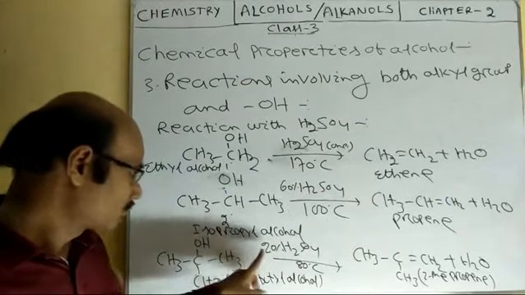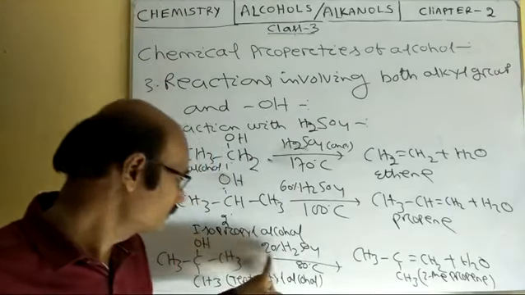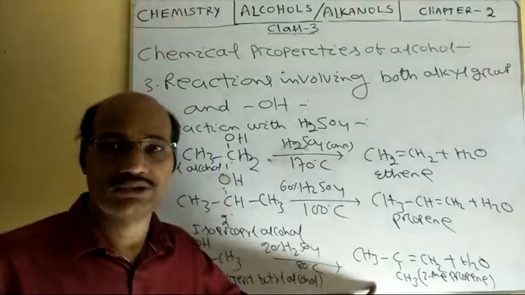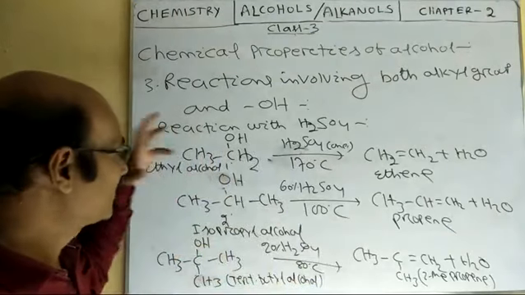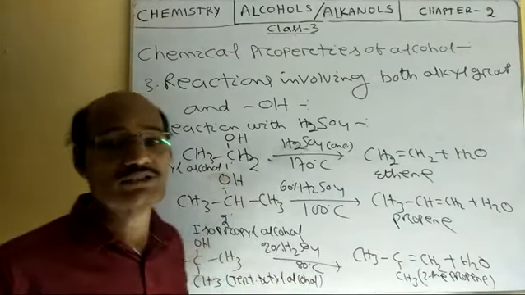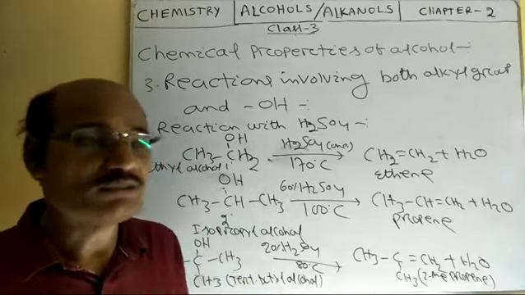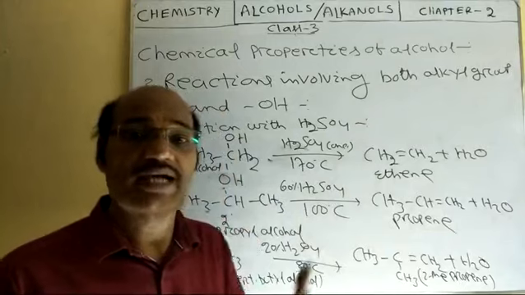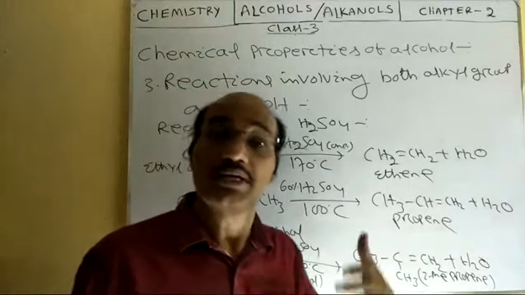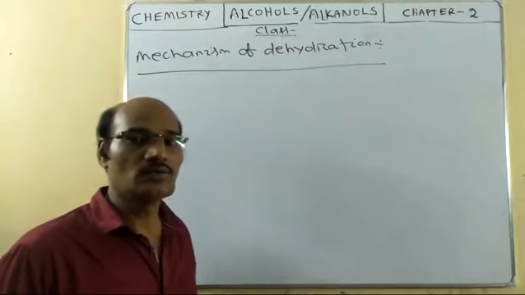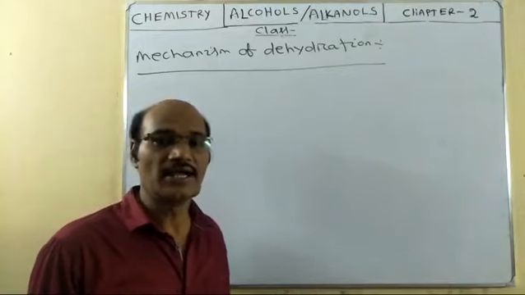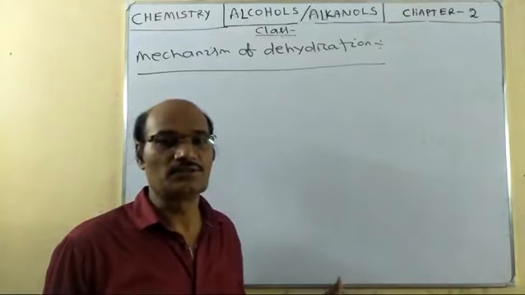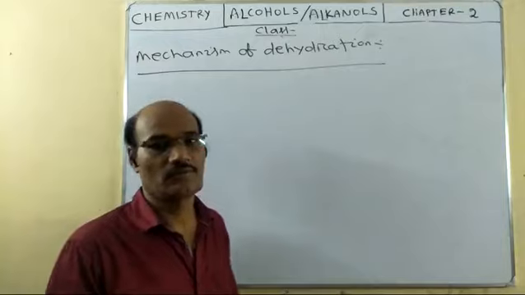Tertiary alcohol, 20% H2SO4, 80 centigrade, alkene. So these are the reactions of alcohols with different kinds of reagents, involving different kinds of bonds. Let me show how alcohols are dehydrated with sulfuric acid.